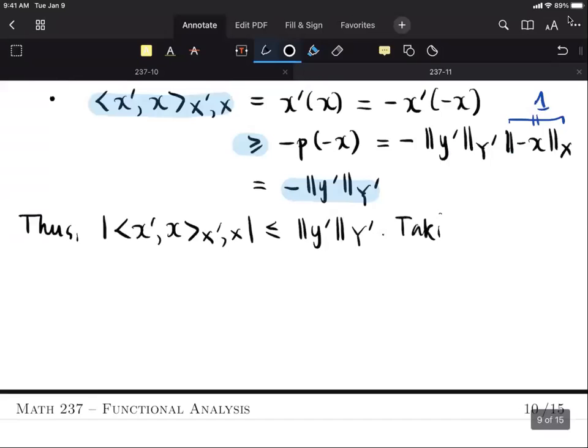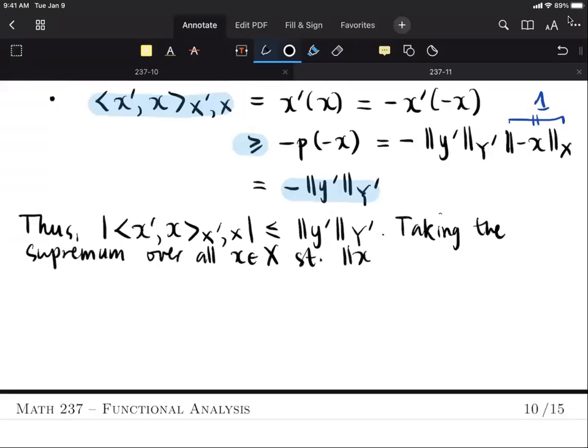So taking the supremum over all x in X such that the norm is equal to 1, we have this estimate.